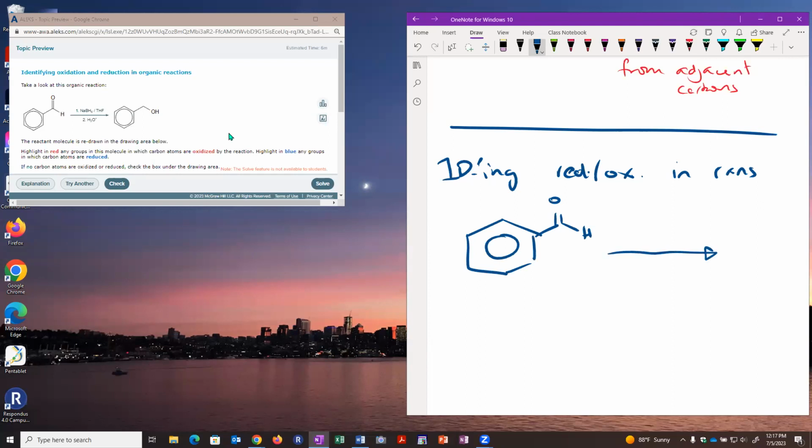Again, these are the reacting conditions and any specific reagents that are needed. But what we want to focus on here is the structures that we're starting with and the structures that we're ending with.